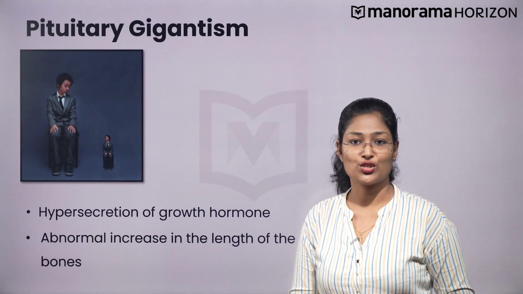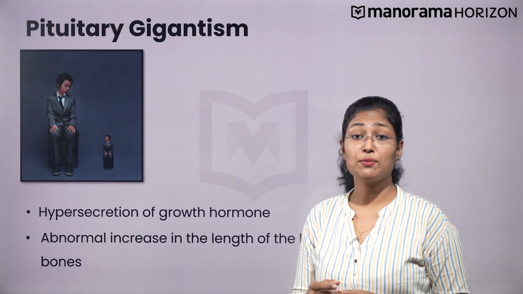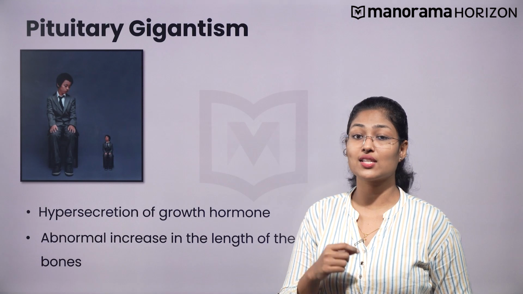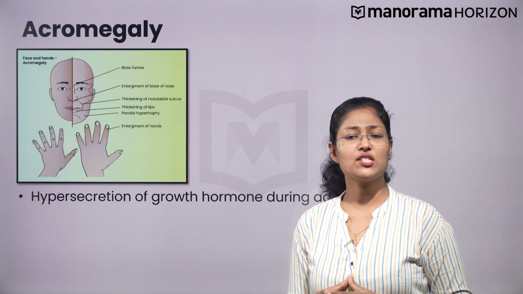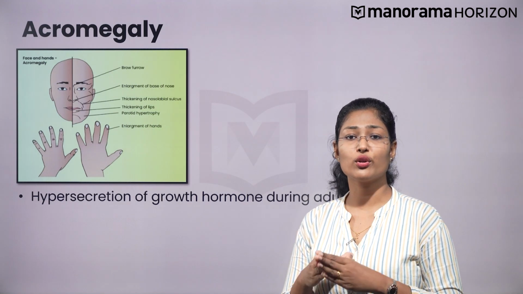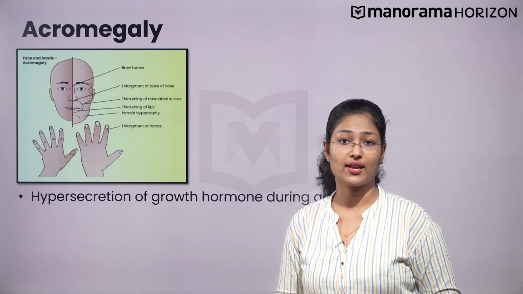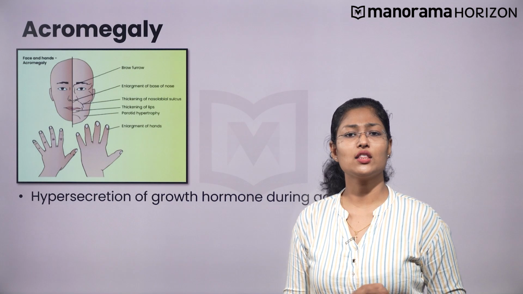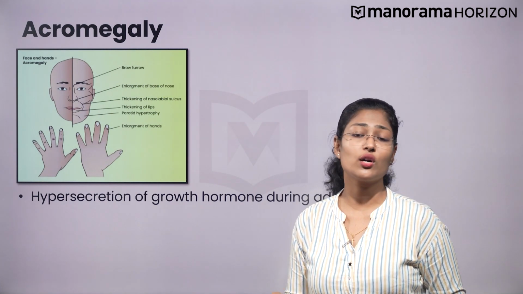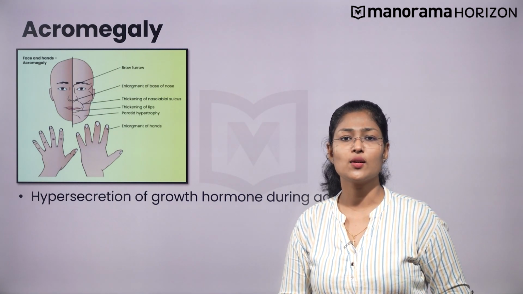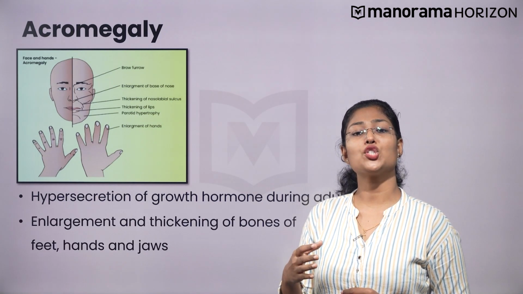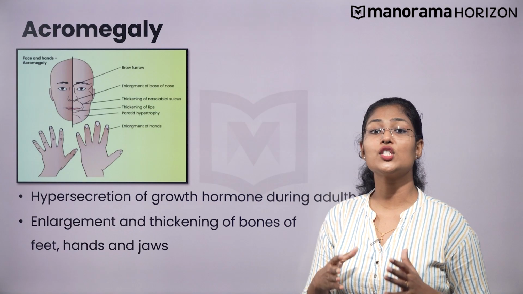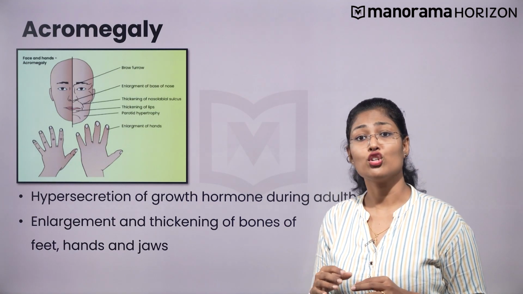You might ask a question here. What if the hypersecretion of growth hormone occurs in middle age or in adulthood? Thirdly, hypersecretion of growth hormone during adulthood causes acromegaly. Since the length of the long bones does not increase after the growing years, excess growth hormone in adults causes enlargement and thickening of bones of feet, hands and jaws.